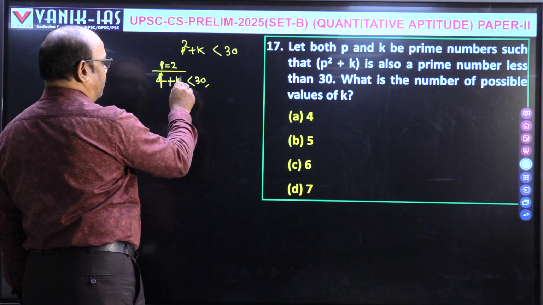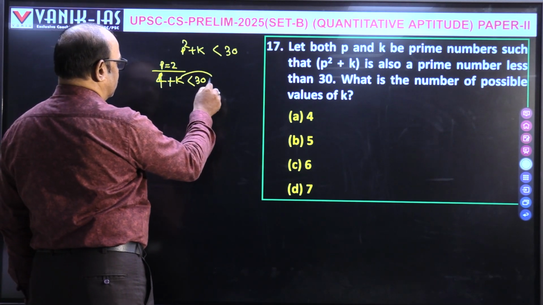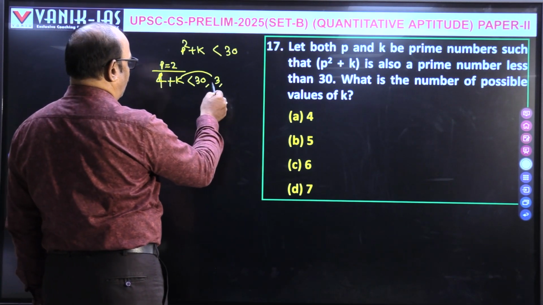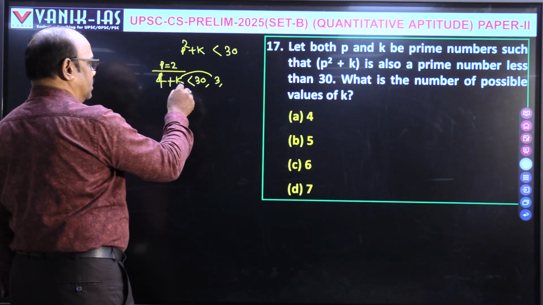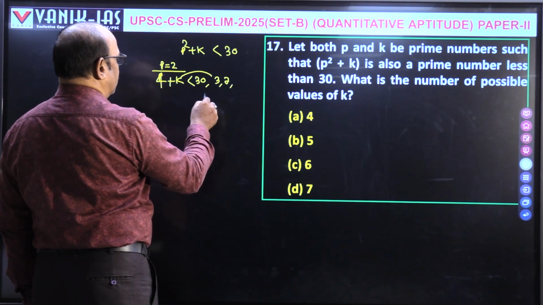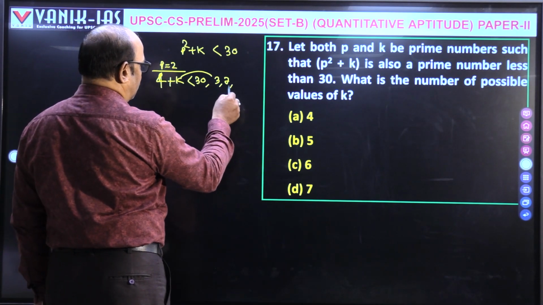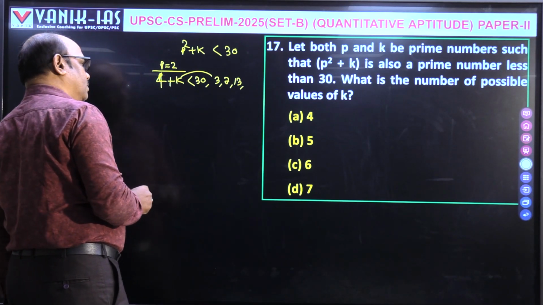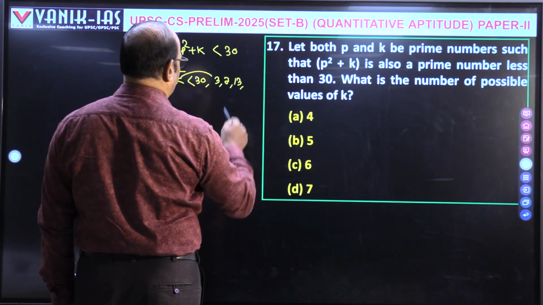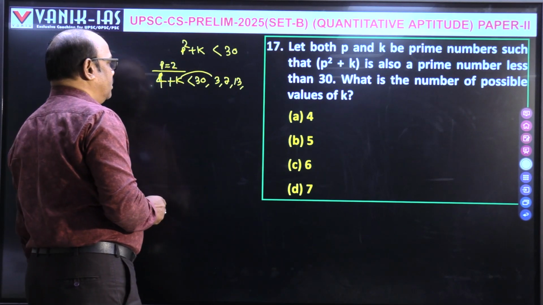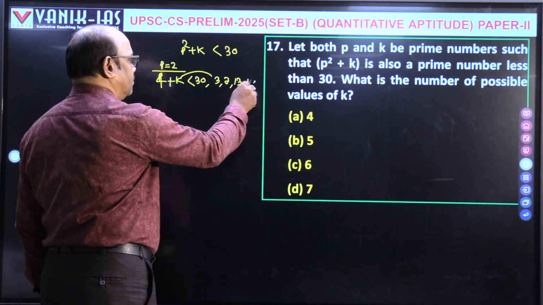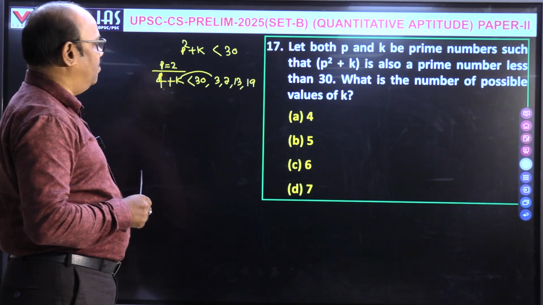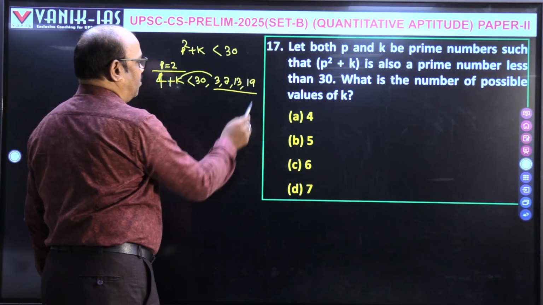So k value must be: 4 plus 3 is 7, possible. 4 plus 5, not possible. 4 plus 7, it is possible. 4 plus 11, not possible. 4 plus 13, 17, also possible. 4 plus 17, not possible. And for 19, yes, 19 is possible. And 23, not possible because it's not a prime number. So there are 4 options for k.